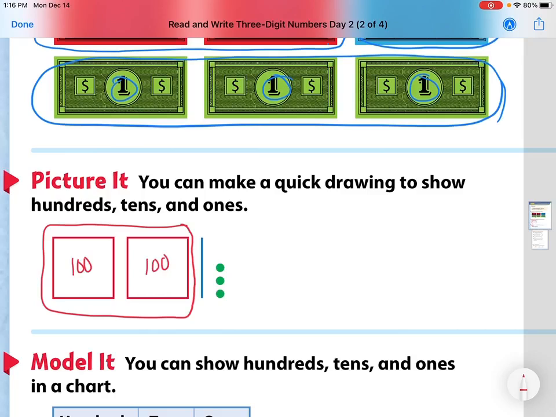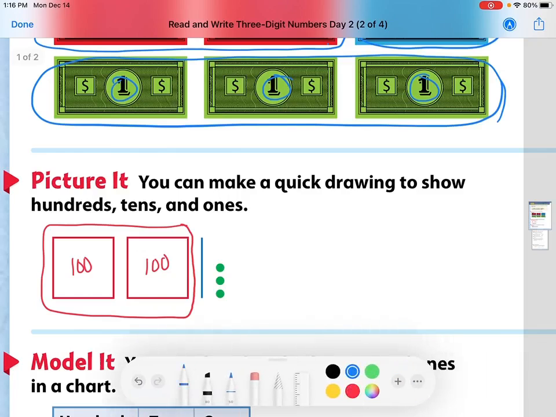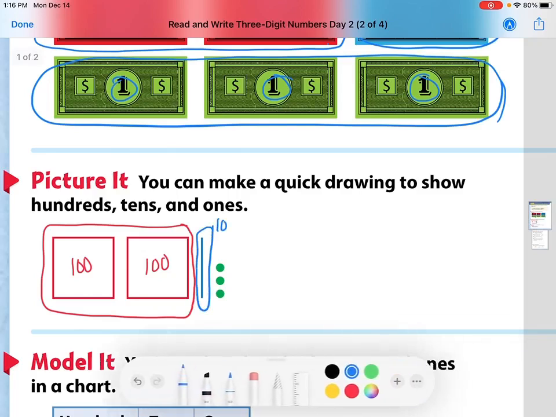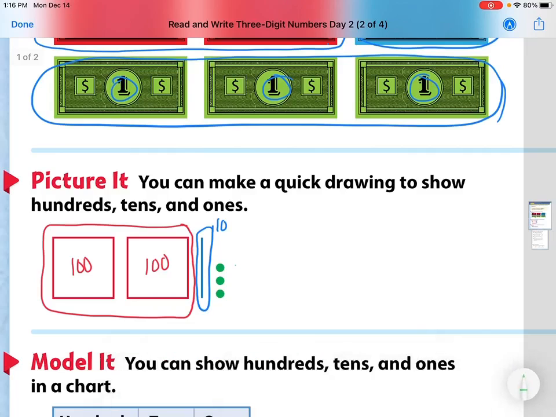So he's got 2 of those, 1 10, and I'm going to get a different color. Here's my 10 right there, and the value is 10, right? And 3 ones bills, and there's the 3 ones, and I know that value is 3. So we could make a drawing like that to represent this story.